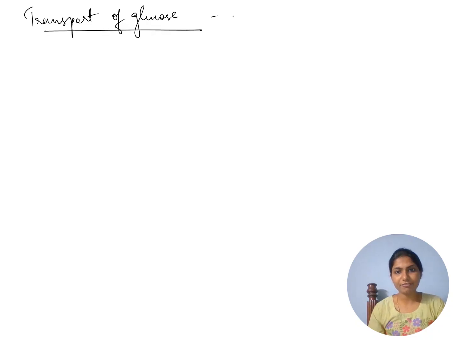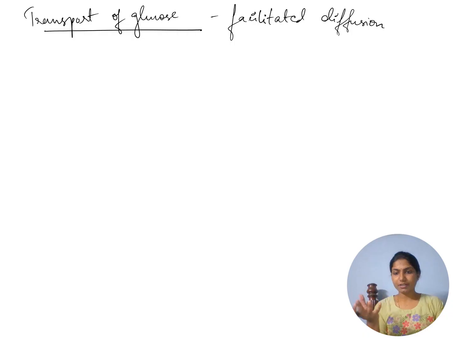Secondly, we have to speak about the transport of glucose. Transport of glucose is mainly by facilitated diffusion. So what do you mean by facilitated diffusion? The concentration in the fetus is less. The concentration in the mother is more.